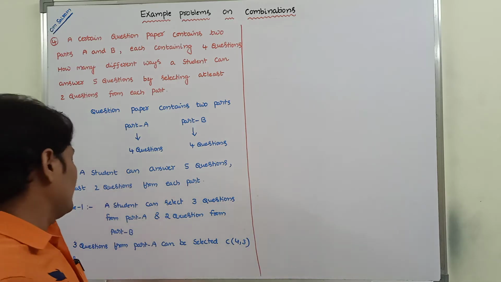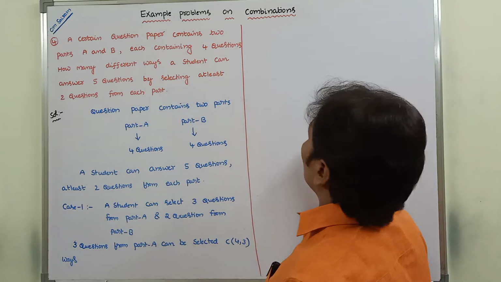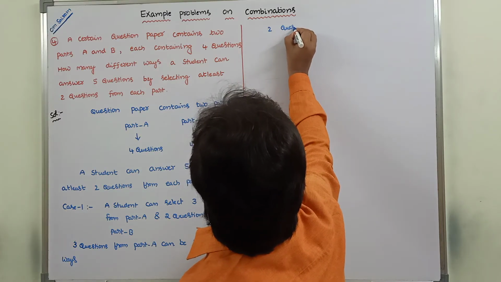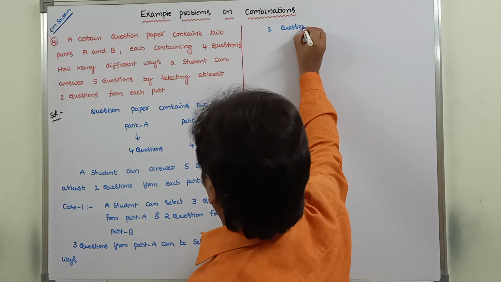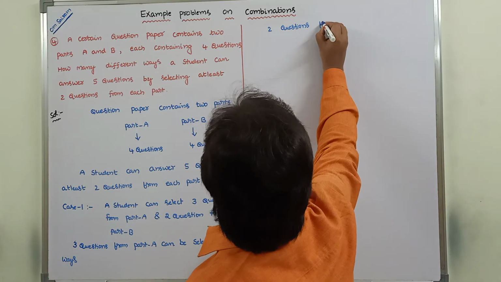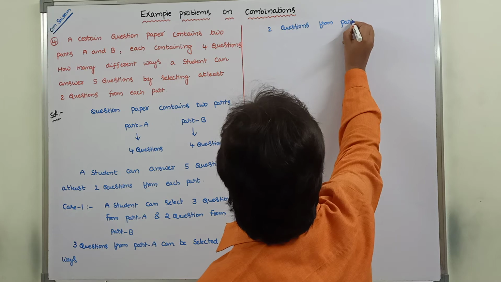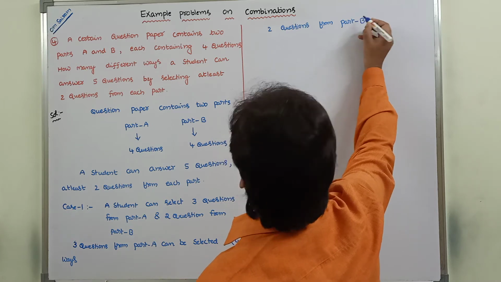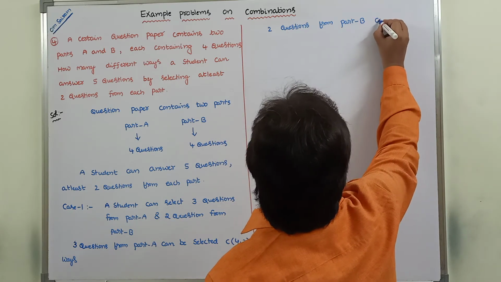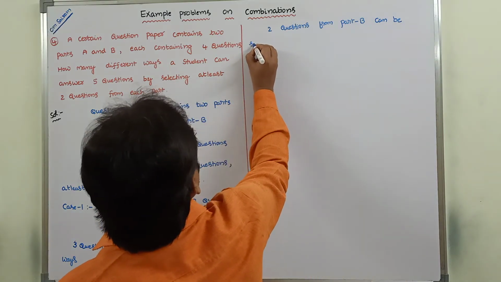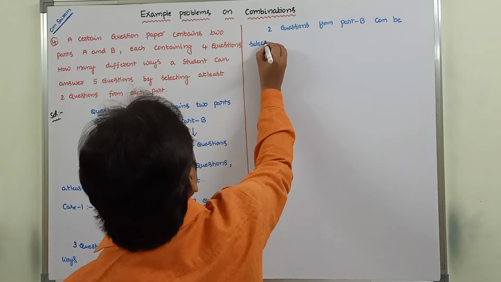Next, 2 questions from part B can be selected in how many ways?